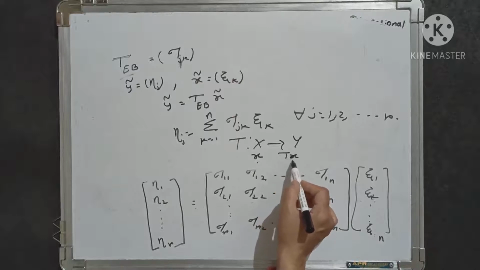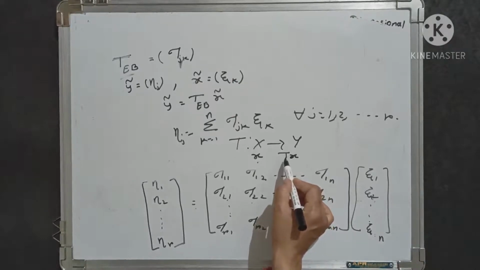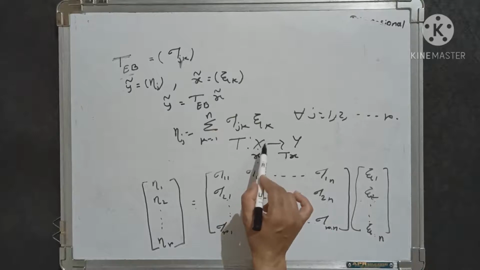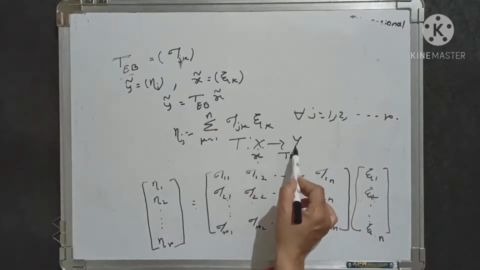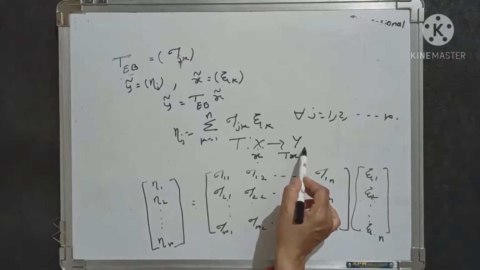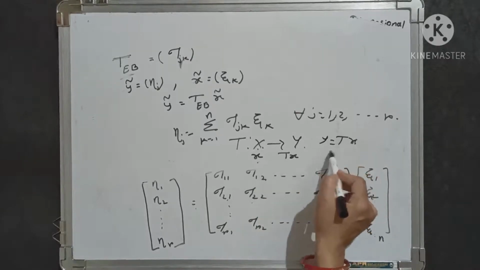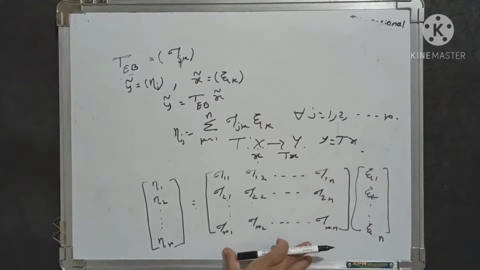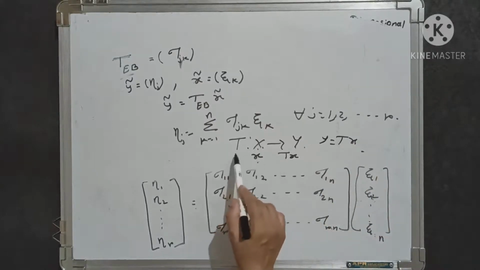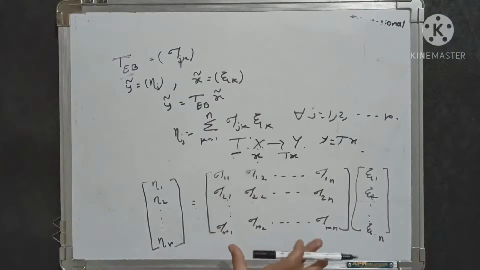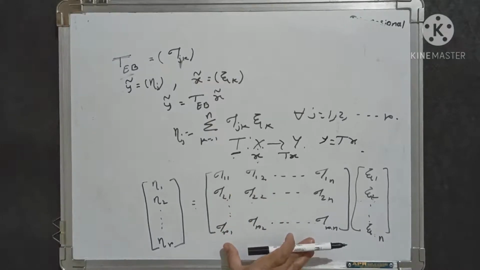the image of the vector x. As X is finite dimensional, it has a basis, and as Y is also finite dimensional, it also has a basis. Then using the equation y equals Tx, we get the matrix T_EB. That means with the help of this linear operator we obtain a matrix where the bases for X and Y are given, and the elements of E and B must be arranged in some definite order.